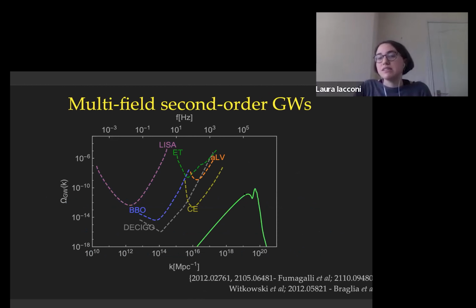And you see that for a model that is compatible with the CMB, the peak is at ultra-high frequency, beyond the reach of planned gravitational wave observatories. So it is of interest for the ultra-high frequency gravitational wave community.